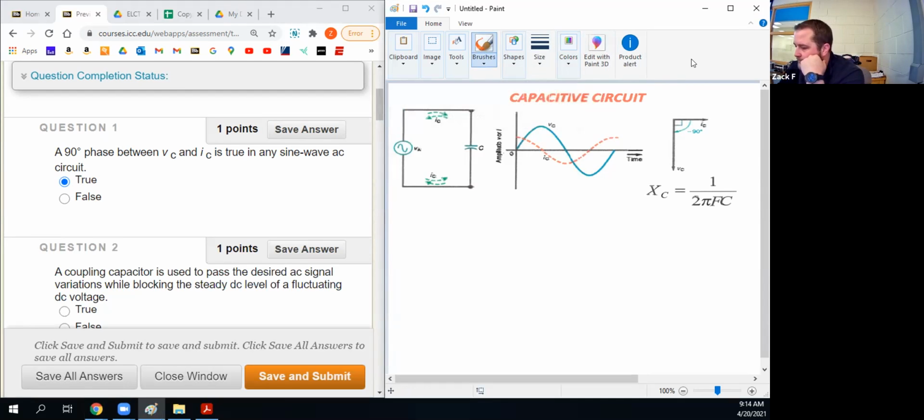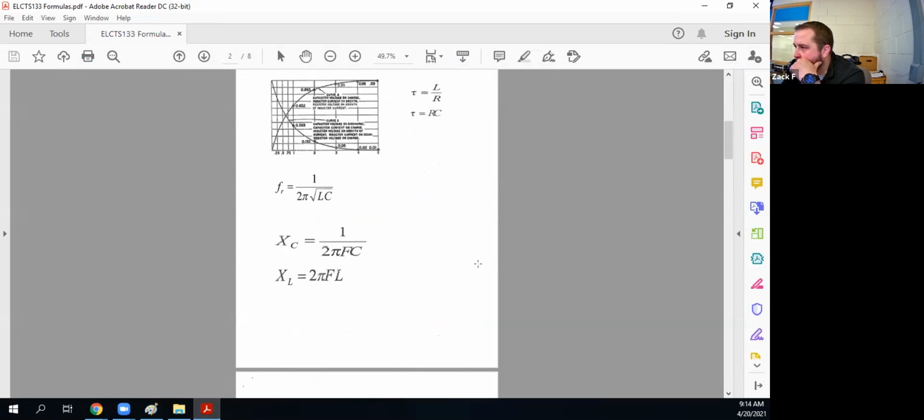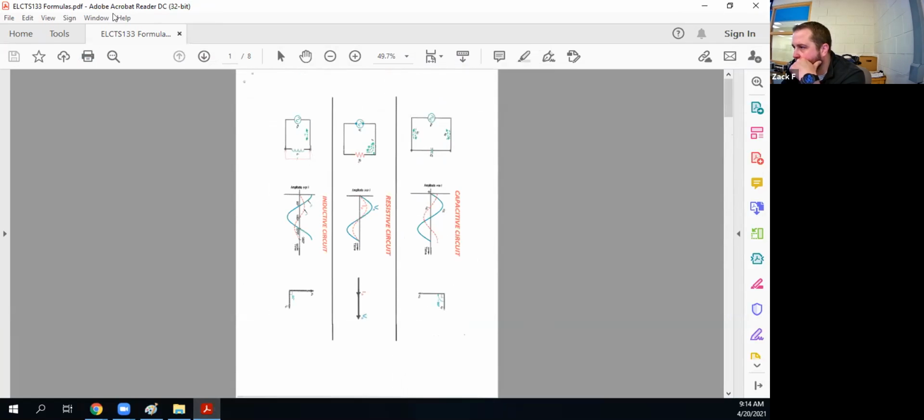On the right-hand side, if these were in a resistive circuit, if voltage and current were in phase, it would look like this. It's indicated like in a purely resistive circuit on the first page.